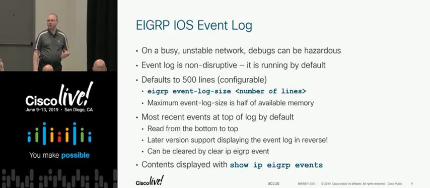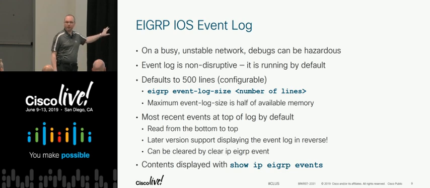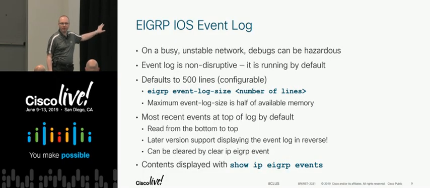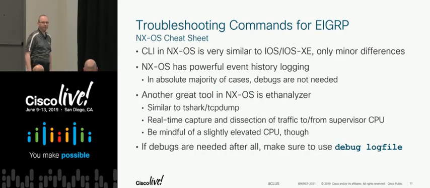And typically, when you display it, it goes from the most recent events down to the least recent, similar to what NX-OS on Nexuses does too. This is there for you. And as opposed to the debugs, event logs do not consume too much CPU, so they are your friend. We'll be looking at some of those outputs later.